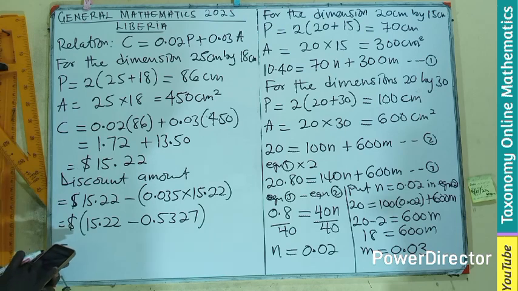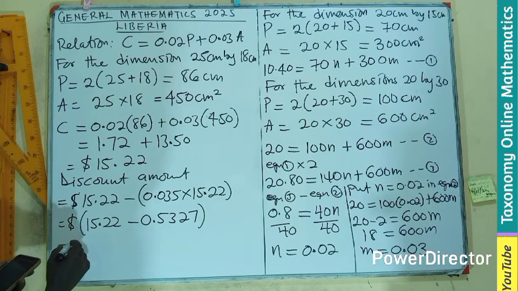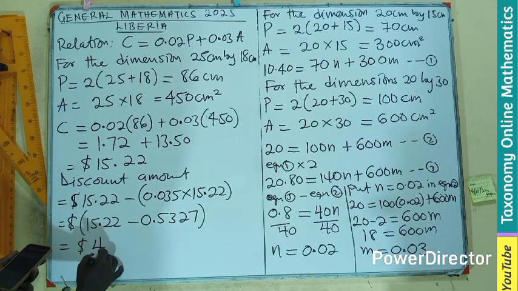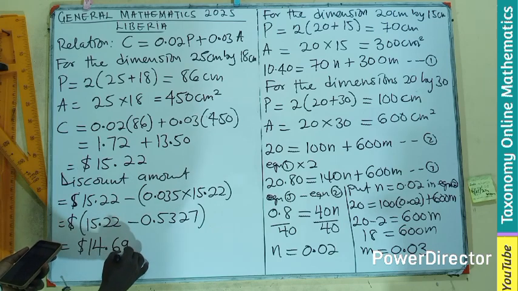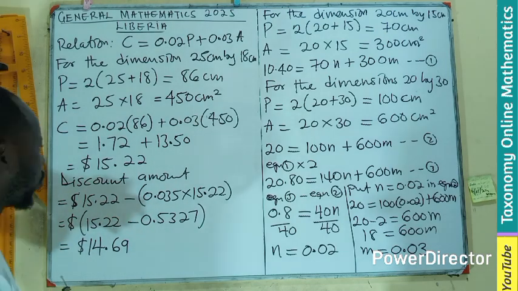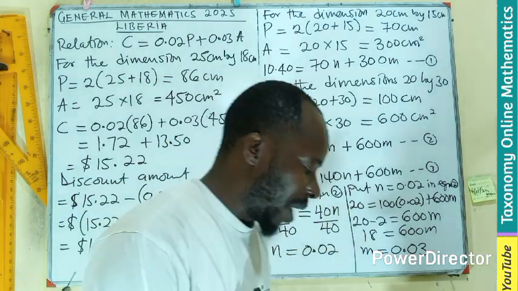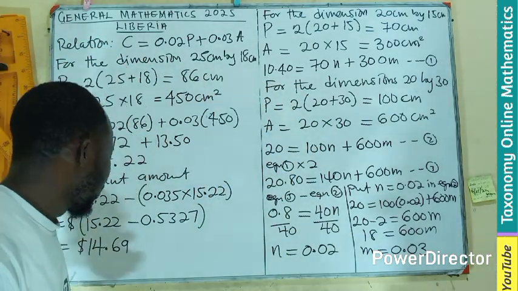And perform that subtraction. 15.22 minus 0.5327 will be nothing but 14.69. Dollars will only have 2 decimal places.